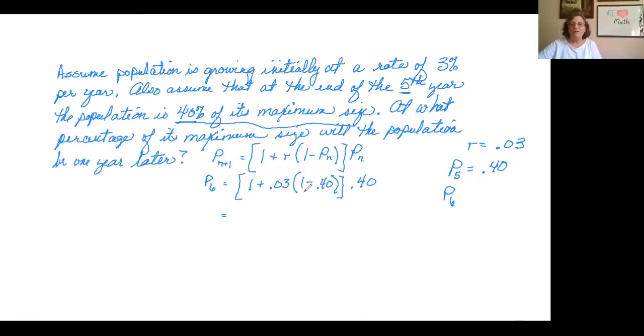So to do the math, you follow your order of operations, working from the inside parentheses first. So we've got 1 plus 0.03 times 1 minus 0.40, which is 0.60.